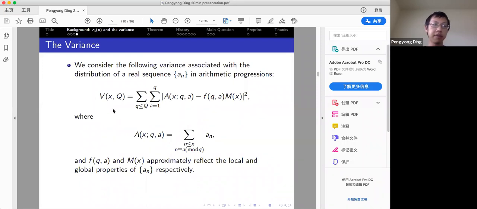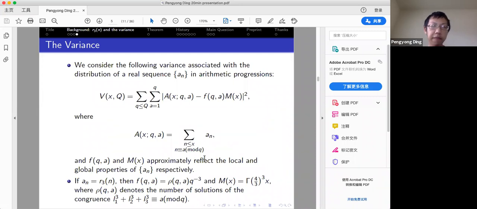We consider V of S and Q, which is defined as the double sum of the squared difference between S of Q and a, and f of Q and a times M of X, where S of Q and a is the sum of the real sequence when n is congruent to a mod Q, in other words, under the residue class of a mod Q. The functions f of Q and a and M of X approximately reflect the local and global properties of the real sequence.